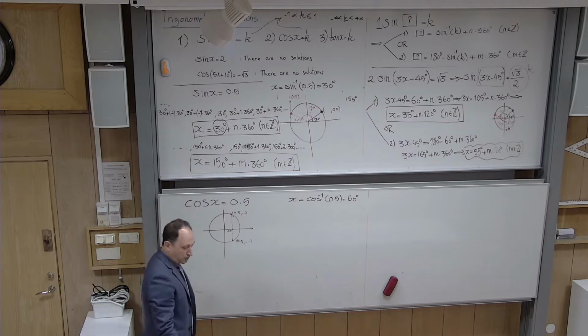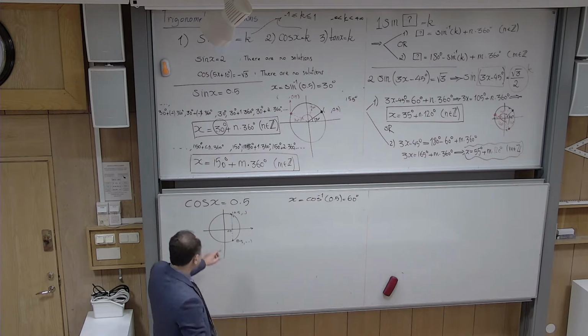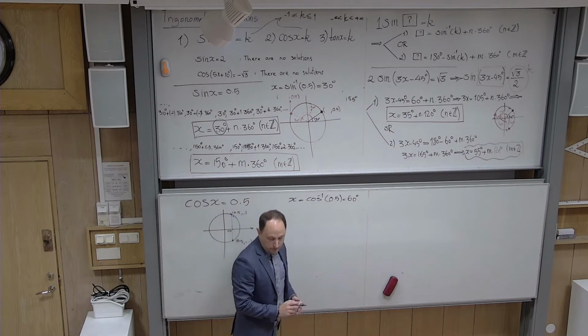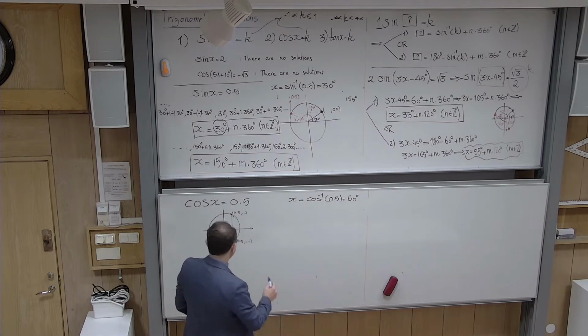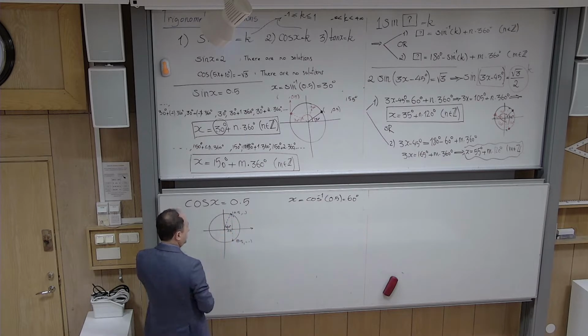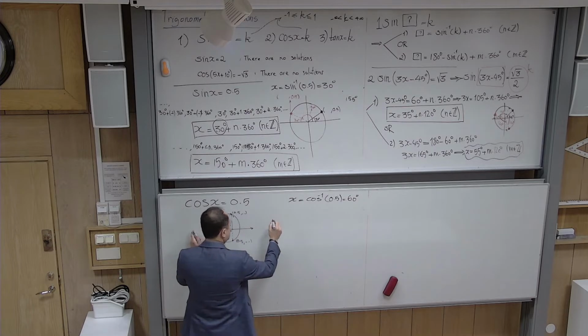Okay, now, can you help me to write the answer? By the way, the calculator gave you 60 degrees. Where is it? If I just connect this one to this one, this is 60 degrees. So this means that I will also have the same scenario.